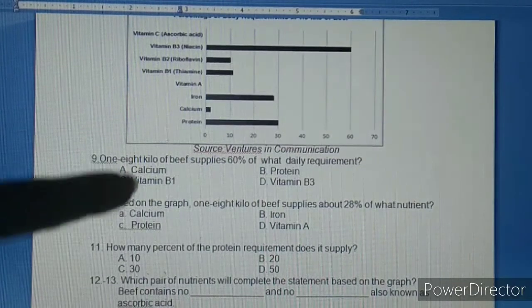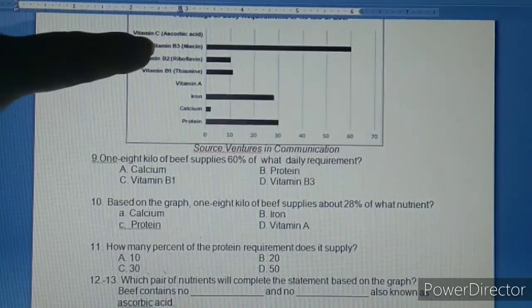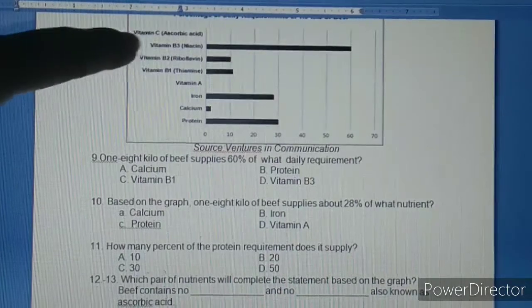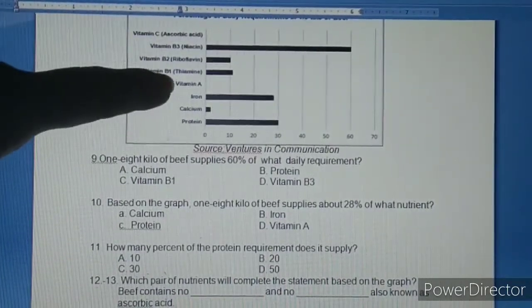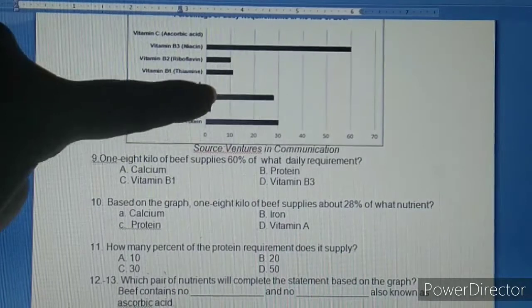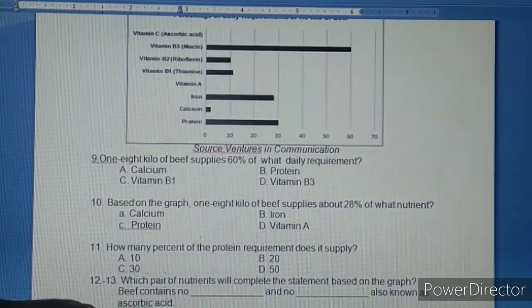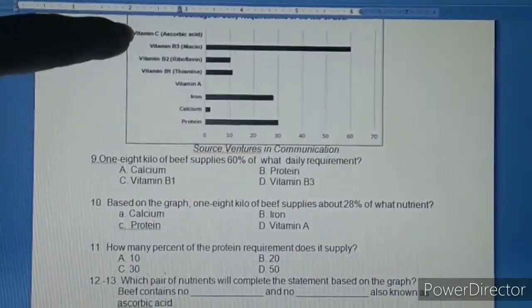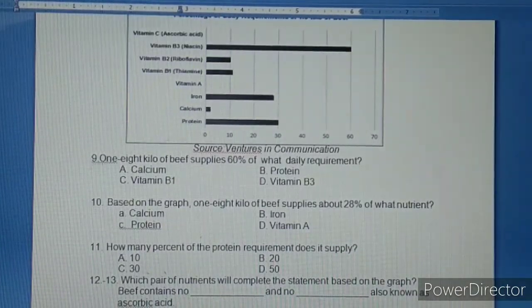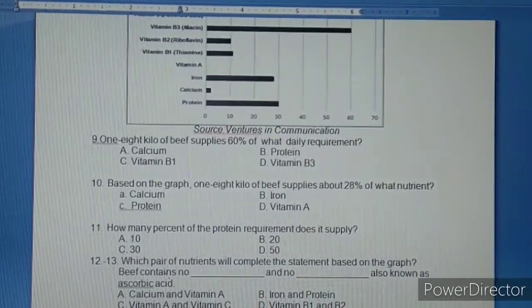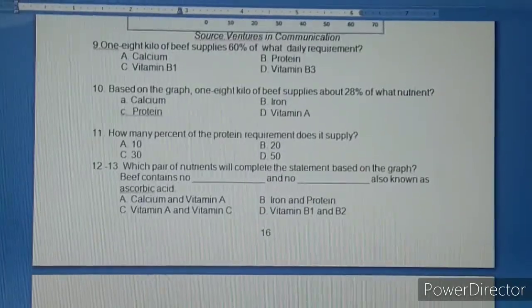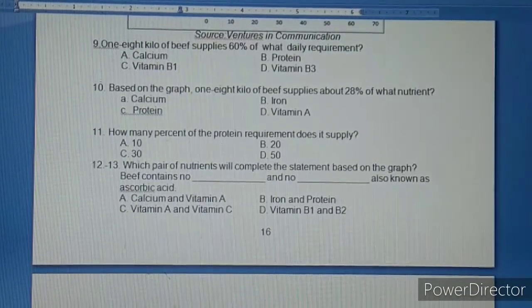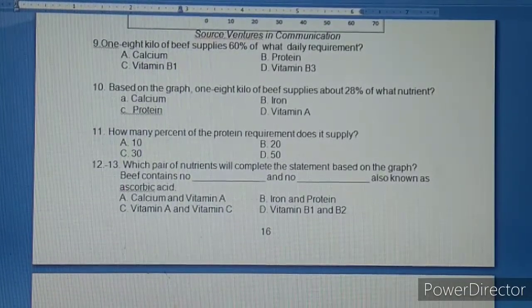Beef contains no vitamin C, and also no vitamin A. Again, for number 12, beef contains no vitamin A and no vitamin C. So the correct answer for number 12 is letter C. By the way, that's for items number 12 and 13, letter C.